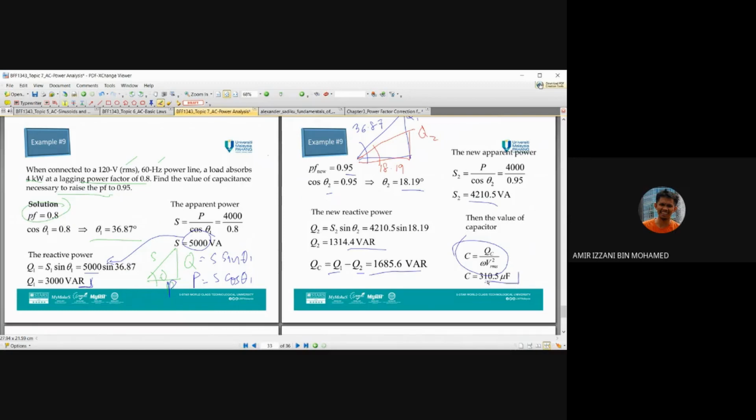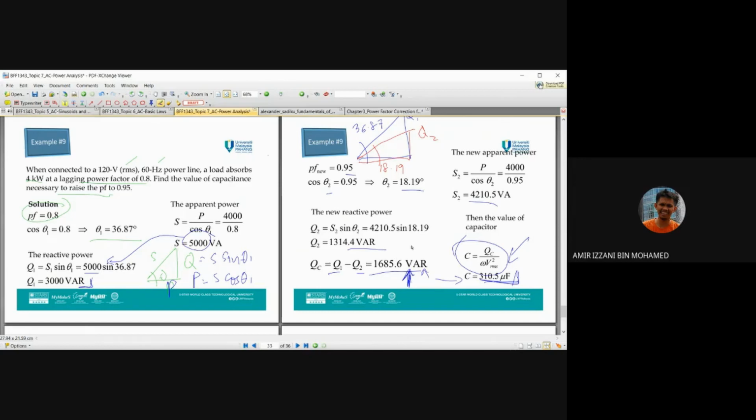Then use this equation to determine the value of capacitance needed, which eventually becomes 310.5 microfarad. Actually, in real cases, we don't use this capacitor value; we use standard ratings.